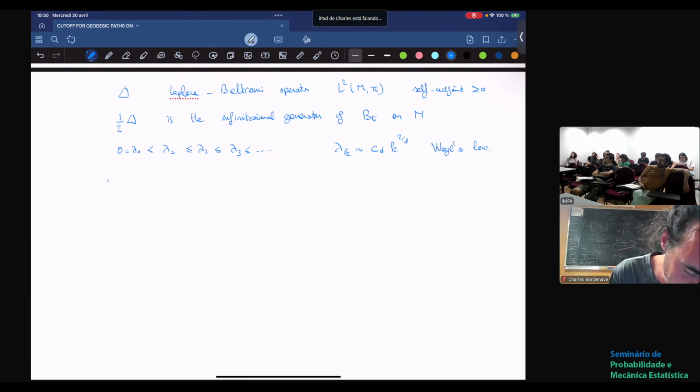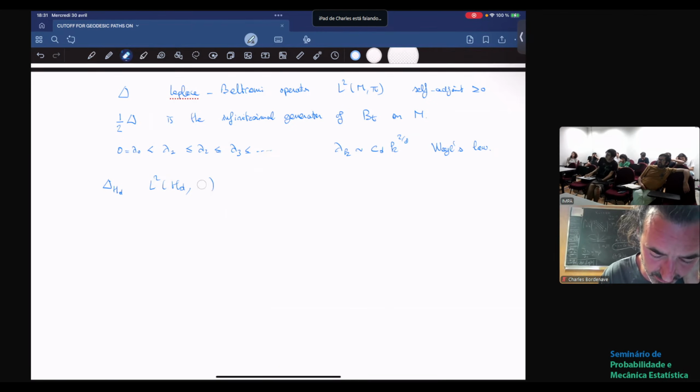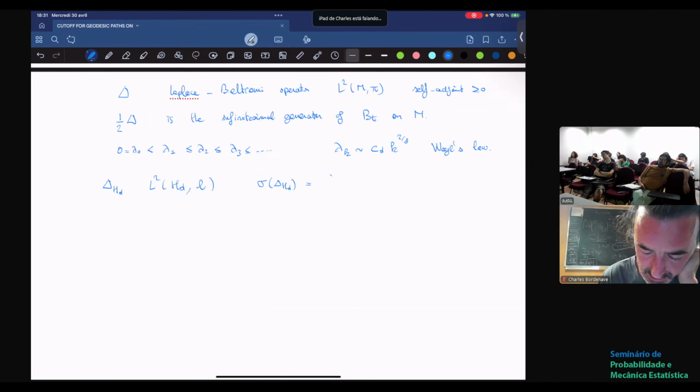You can also define your Laplace-Beltrami operator directly on L2 of my hyperbolic space, equipped with what I denoted by my Lebesgue measure, the hyperbolic measure L. It will also be self-adjoint and positive, and the spectrum this time is strictly positive, and the spectrum of the Laplacian operator on H^d is a half-interval, ((d-1)/2)^2 to plus infinity.